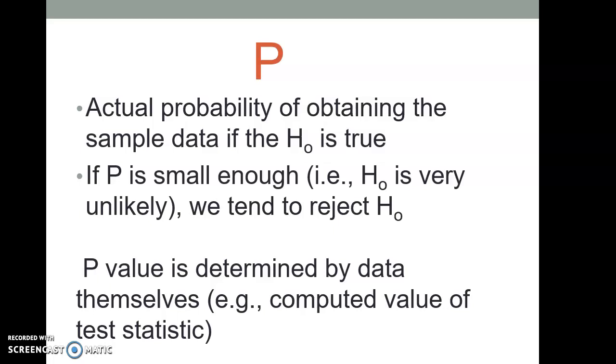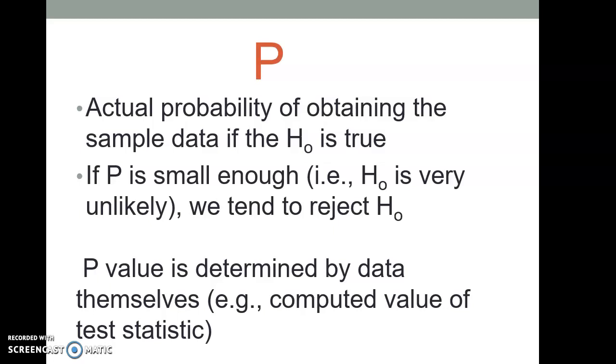A p-value of 0.08 denotes 80%. And because the value of 80% is larger than our tolerable alpha value, which is 5% or 0.05, that means our result is not significant, or we accept our null hypothesis.